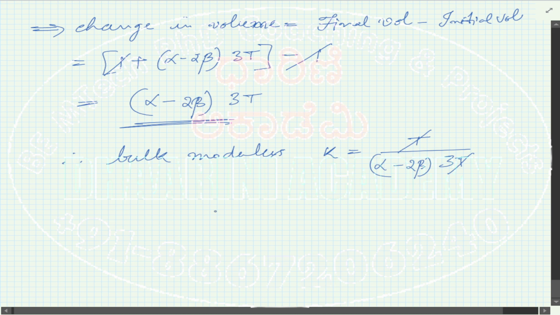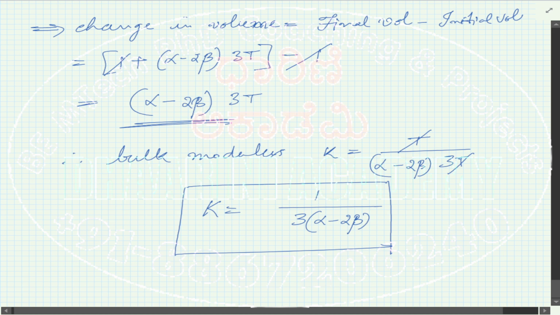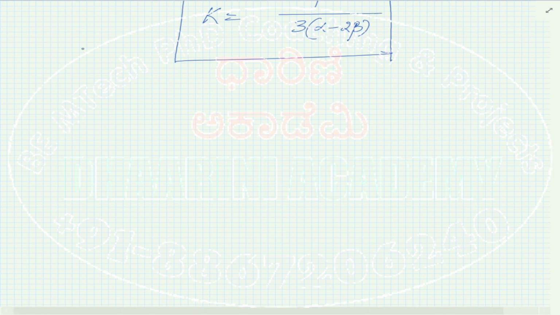So t will get cancelled. Therefore, the equation for bulk modulus is 1 divided by 3 times alpha minus 2 beta, is the required equation. So that's the equation for what is called bulk modulus.